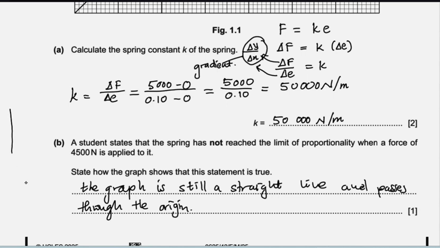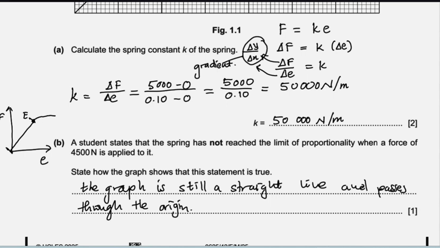Remember, this graph can go all the way and look like this. If you have extension this side and force that side, the graph is a straight line for a certain period until we go beyond the limit of proportionality, usually represented by E. Within this region where there is a straight line, that's where Hooke's law applies.